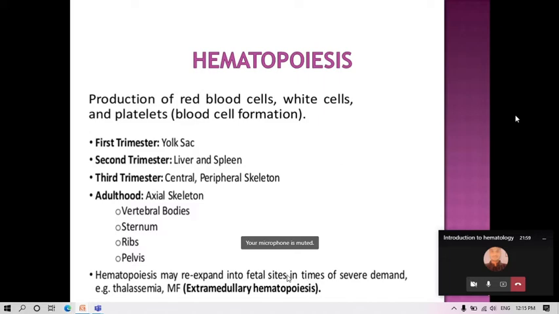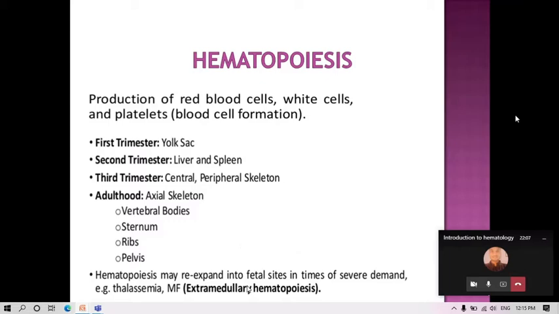To compensate for this, the liver and spleen will come up, and at those sites hematopoiesis will start. That is known as extramedullary hematopoiesis. This extramedullary hematopoiesis will lead to organomegaly, so there will be hepatomegaly and splenomegaly. That is the cause of hepatosplenomegaly in cases of thalassemia.